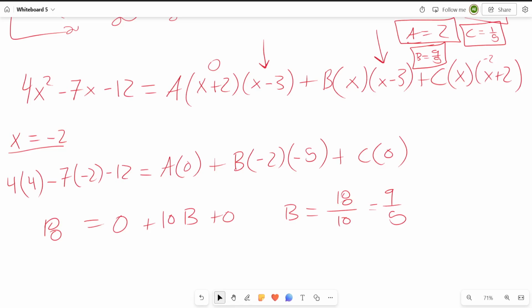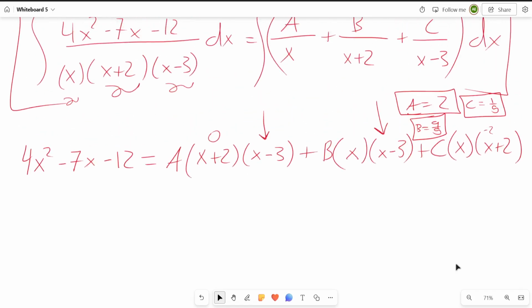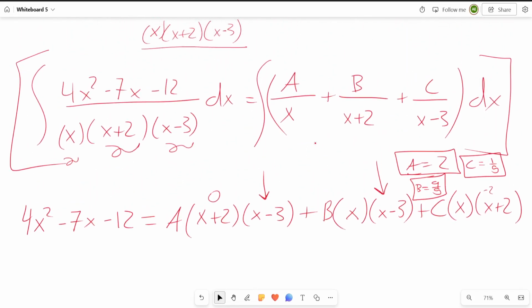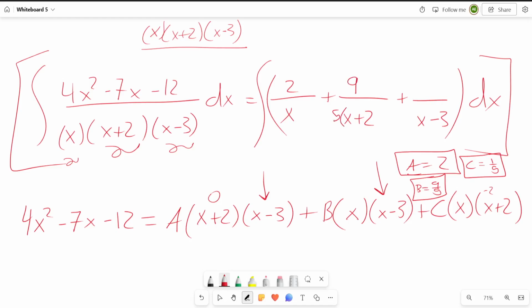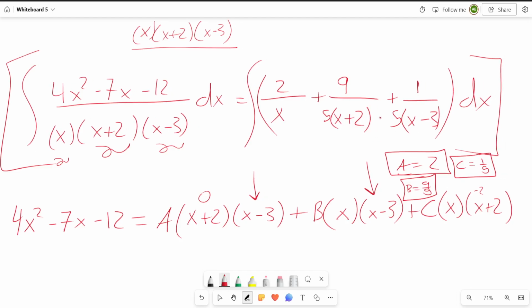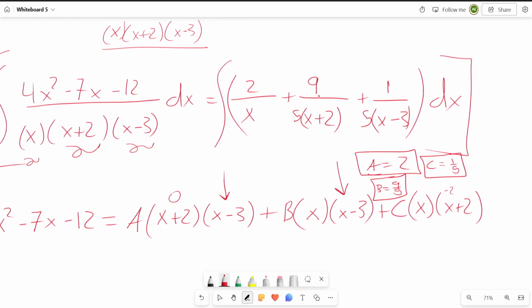So now I'm ready to rewrite my integral using the values of a, b, and c that I got. So a is, let's erase a, b, and c. We will replace a with 2, b with 9 over 5, and c with 1 over 5, and then I will have to integrate this over here.